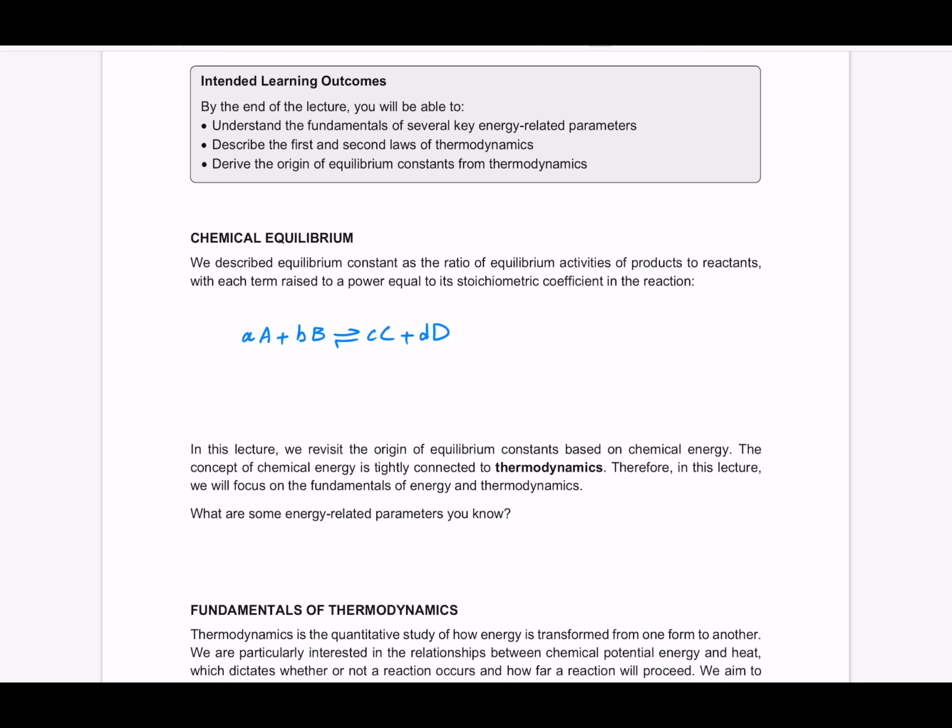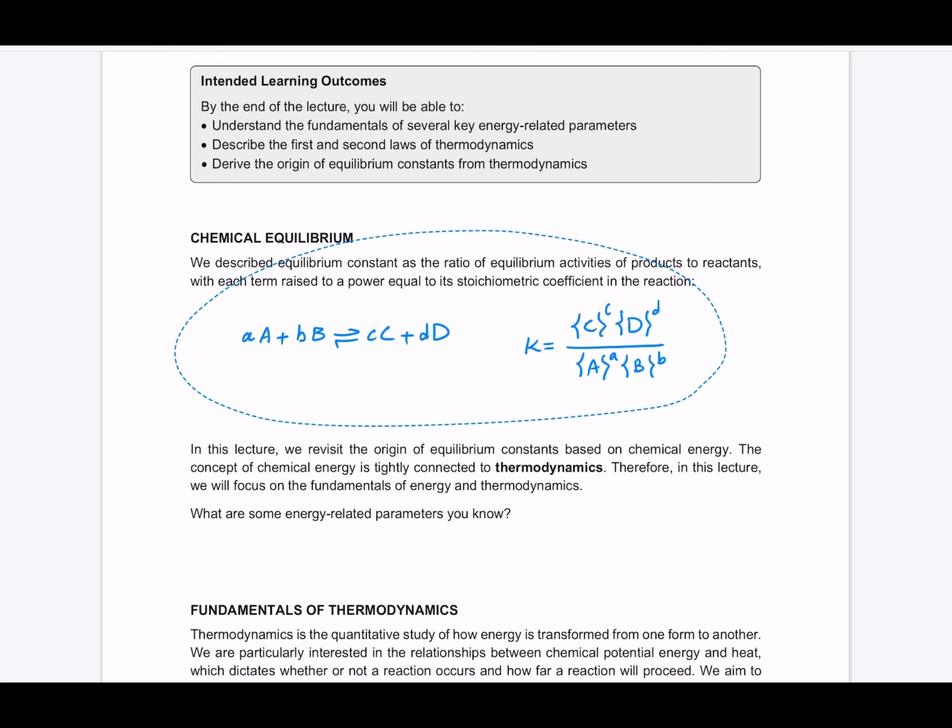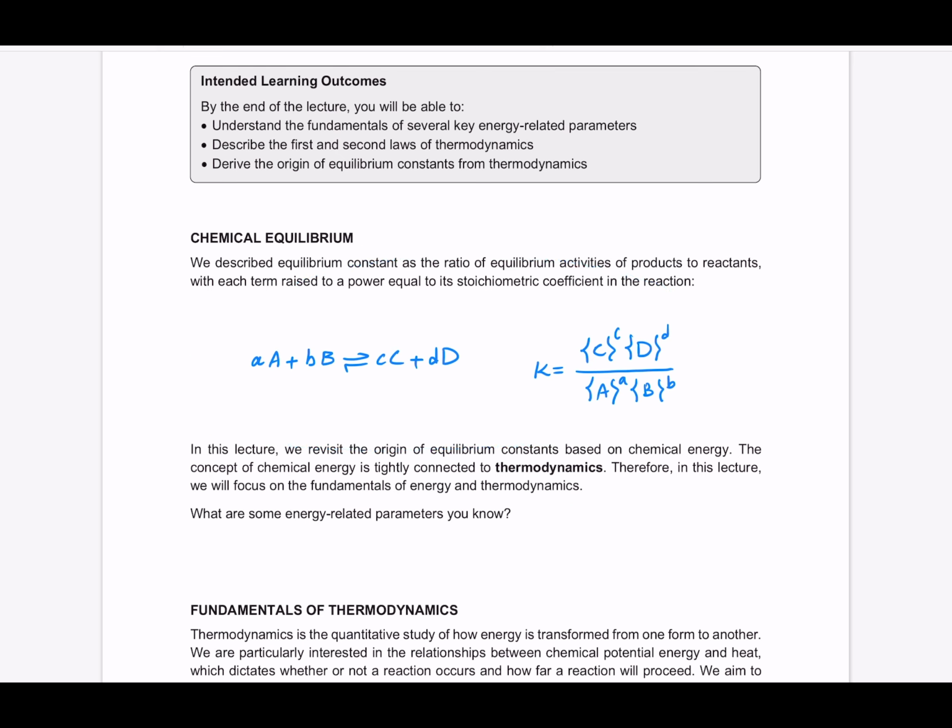And then we described how these entities or species are related to each other using the equilibrium constant, which basically relates the activity of the products to the activity of the reactants. At equilibrium, it was K. If it wasn't at equilibrium, this would be a reaction quotient or the Q term.